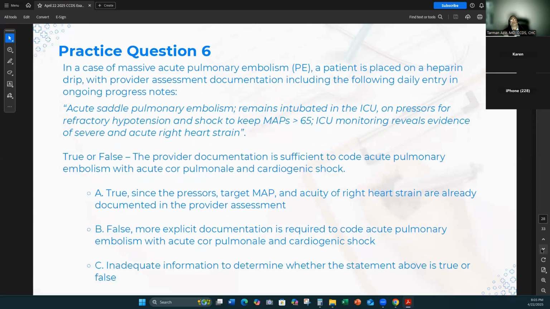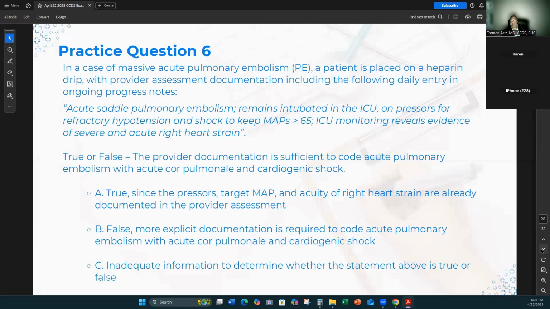Finally, we have a true and false question here. In the case of a massive acute PE, the patient is placed on a heparin drip, and we see the following documentation. Acute saddle pulmonary embolism, remains intubated in the ICU on pressors for refractory hypotension and shock to keep MAPs greater than 65. ICU monitoring reveals evidence of severe and acute right heart strain. And the true or false question here to end the session: does this support acute PE with acute cor pulmonale and cardiogenic shock?